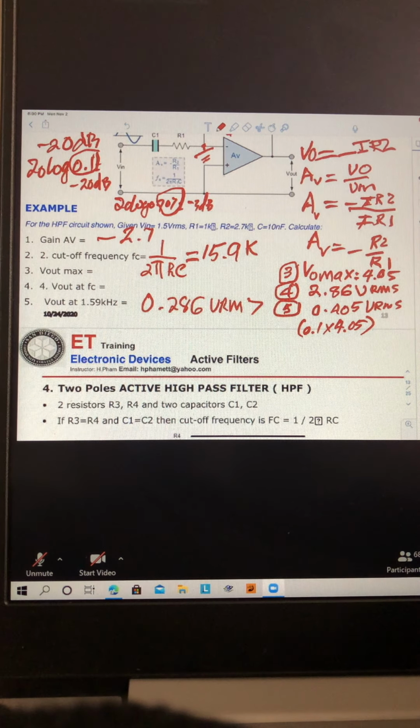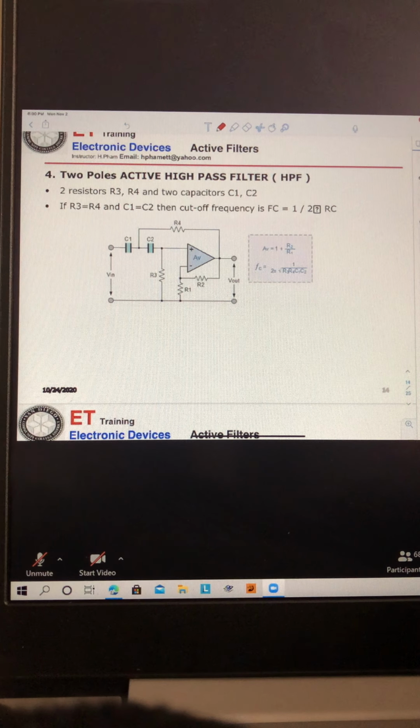On this circuitry here, they just gave you a 2 pole. I already told you, when you have 1 R and 1 C, it is 1 pole.